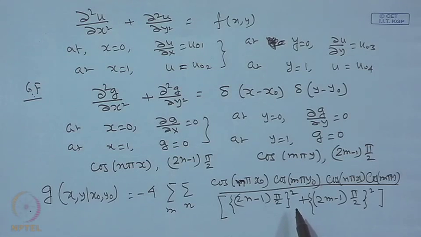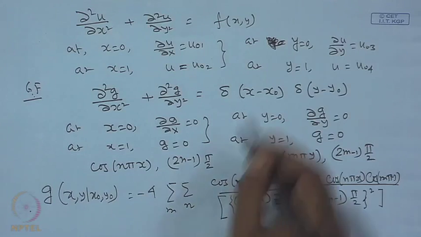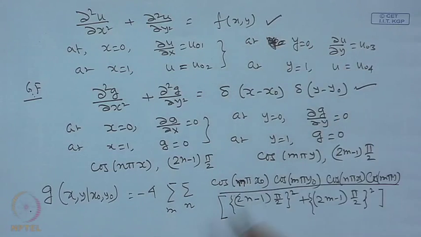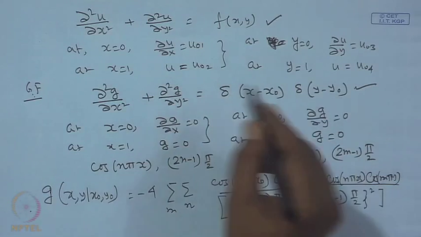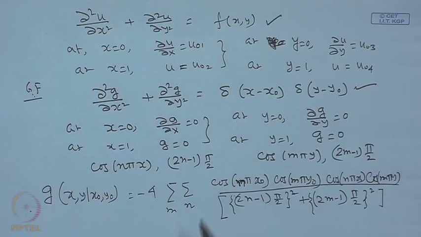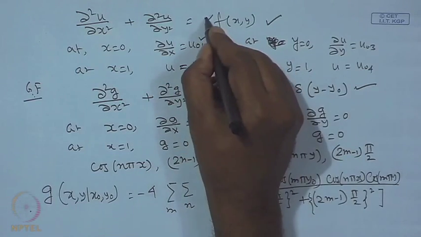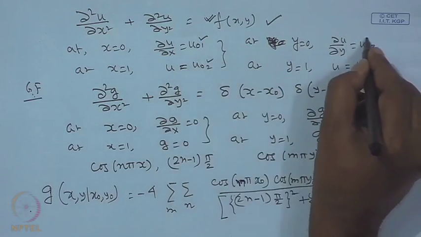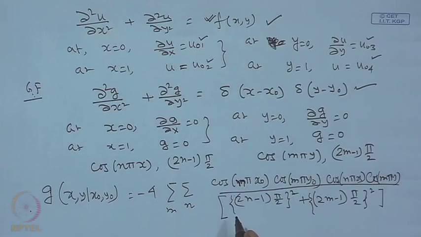Once we get the expression of g, the rest of the calculation follows exactly the same way as we have done earlier. We connect u with g and completely solve the problem, and in a general case like this there will be 5 sources of non-homogeneity, because in the original problem there are 5 sources of non-homogeneity. Corresponding to each of these terms we will be getting 5 terms in the final solution.